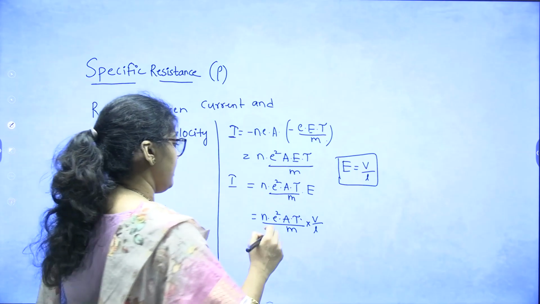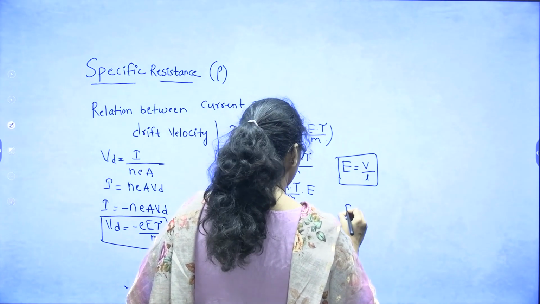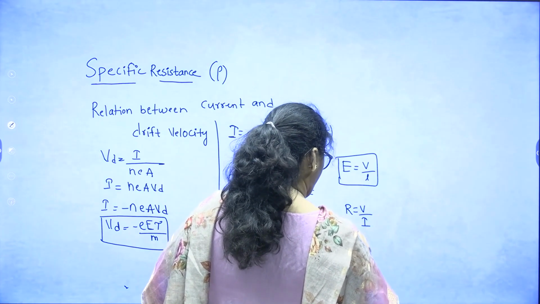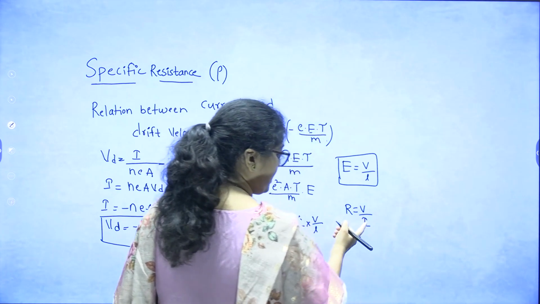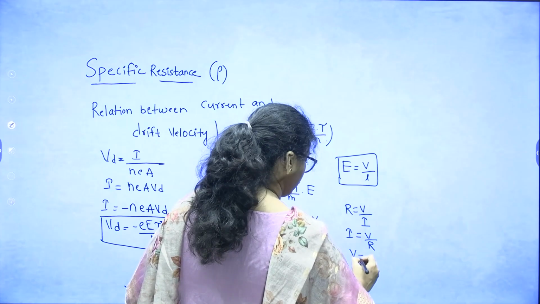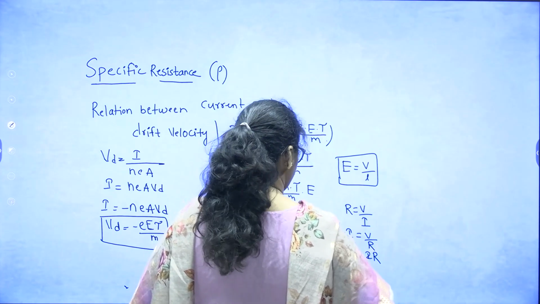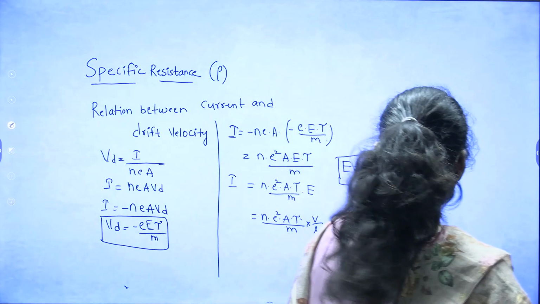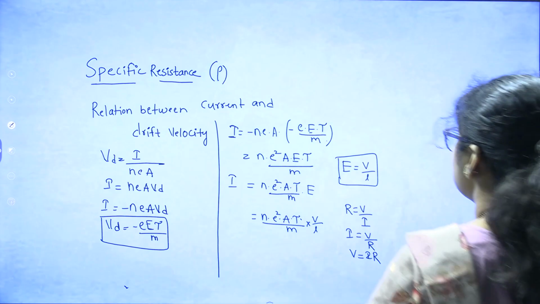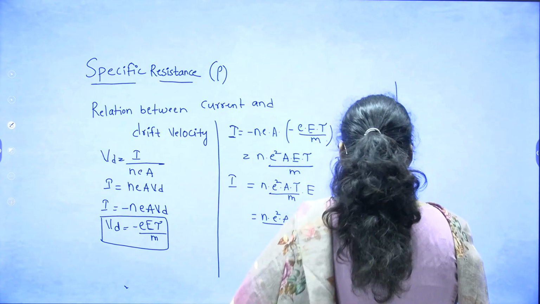We know the formula R is equal to V by I. I is equal to V by R, and next, V is equal to IR. So to solve that equation, I is equal to n e square tau A by m into V by L. From this I will take the V to the right hand side.